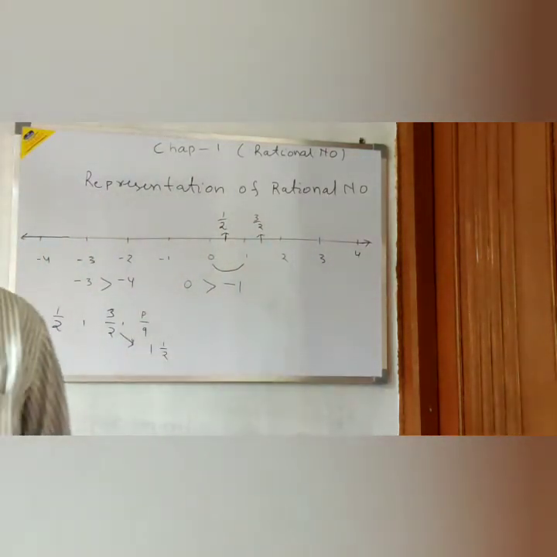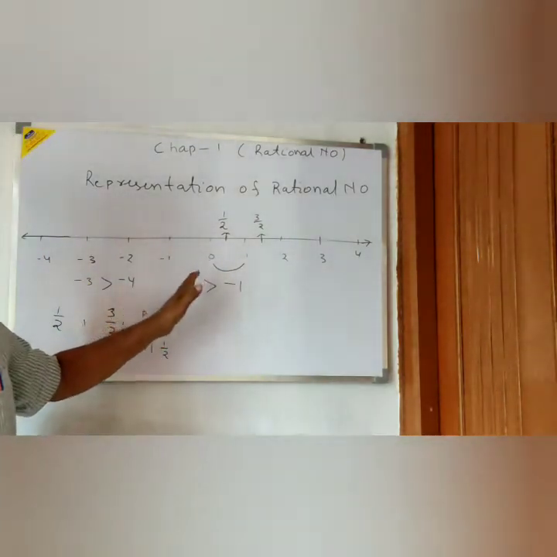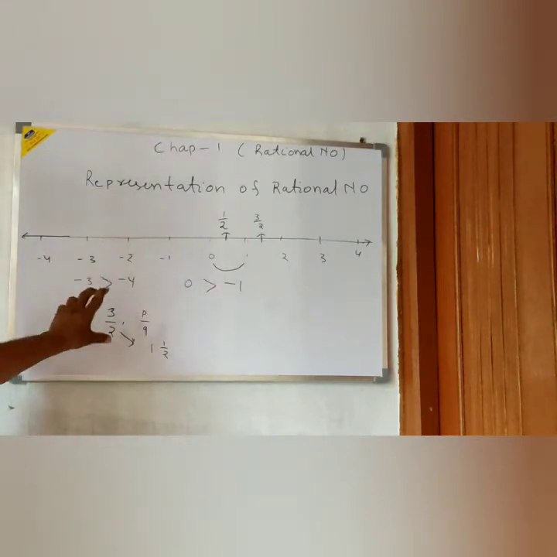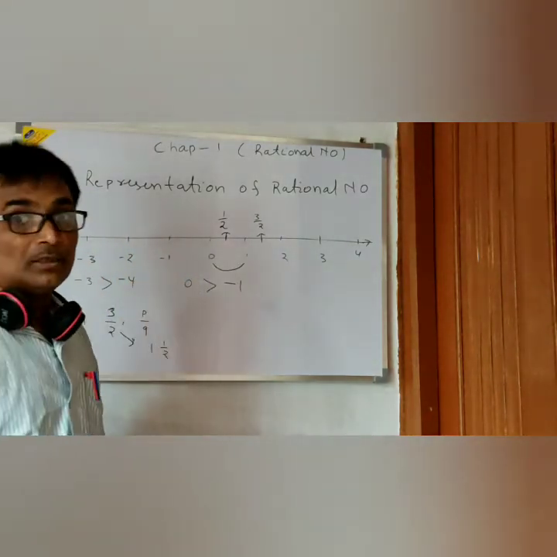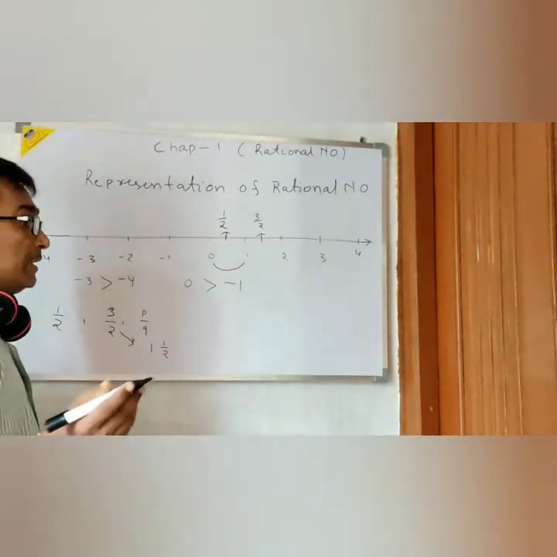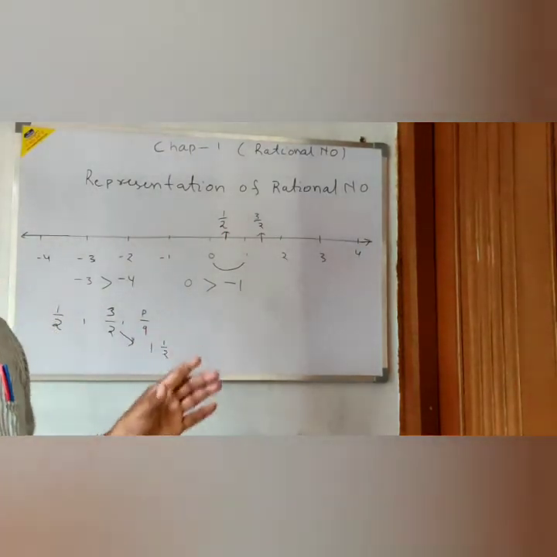Clear? Representation of a number on the number line is such that we see what the location of this number on the number line is. First, understand where it is represented and between which numbers we can divide or part.